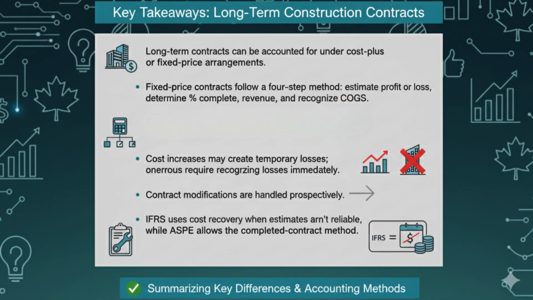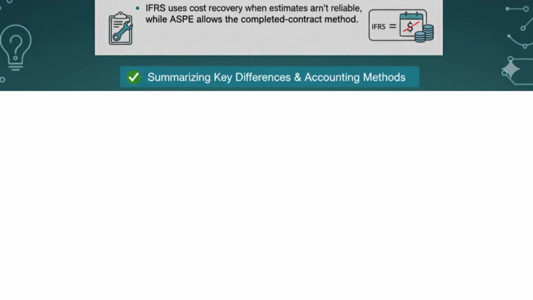Contract modifications are handled prospectively. And finally, IFRS uses cost recovery when estimates aren't reliable, while ASPE allows the completed contract method. And that's the complete picture of long-term construction contracts under both IFRS and ASPE. These differences are crucial to understand for both your CPA exams and your professional work.